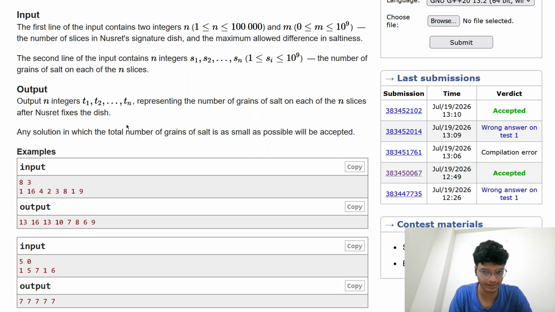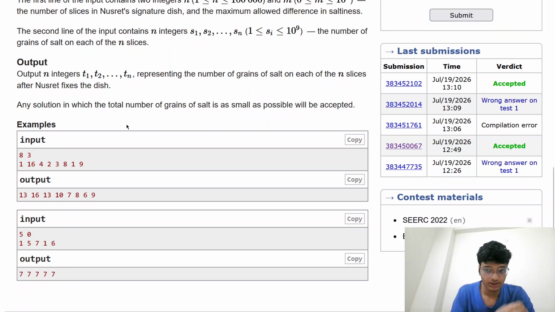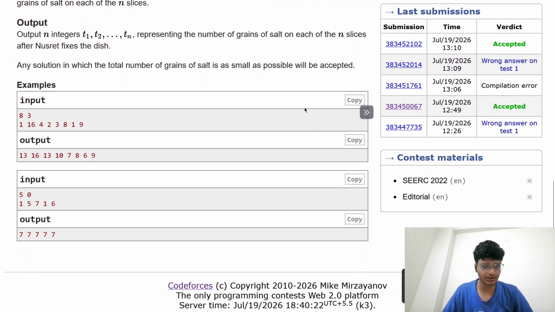The grains of salt have to be as small as possible, as small as we can achieve. Don't go with my last submission, maybe I made some little issues, so that's why I got wrong answer on test. So without any further delay, let's start.